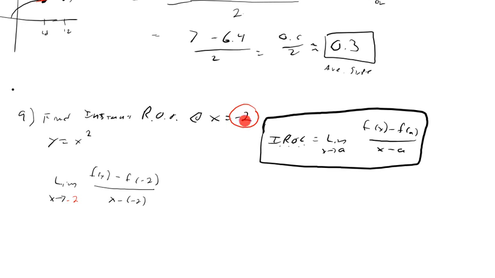So we're plugging our number into the second half, and we're leaving x in place, because this is the x value we're going to take the limit of. This is our flexible x value. Here we plug in our -2. For f of x, we just use the equation, x squared, minus -2 squared, over x. Minus -2 is +2. Put that down there.